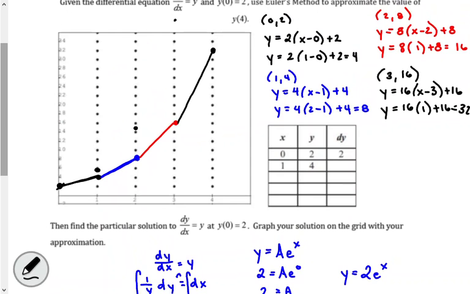Yeah, it's pretty high up here. So how's 2e to the 4th? 109 point what? 3 decimal places.